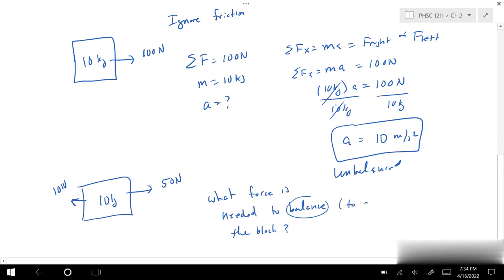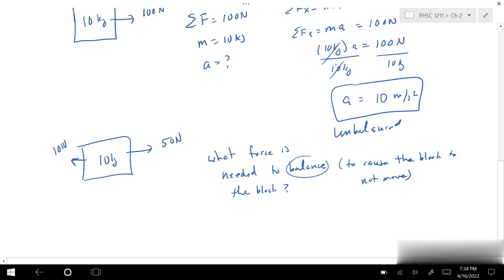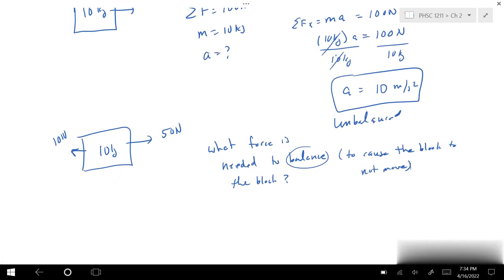In other words, to cause the block to not move. Okay? So let's look at it conceptually, because a lot of these you can really answer without doing the equations. And I'm not going to see your work anyways on the exam, so I'm perfectly fine. I want to show it to you conceptually, and I want to show it to you mathematically. So hopefully everyone through one of those formats will really understand what's going on.